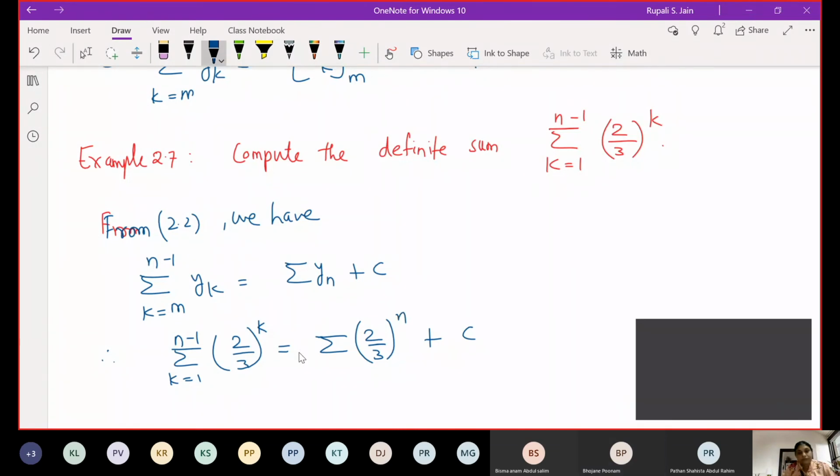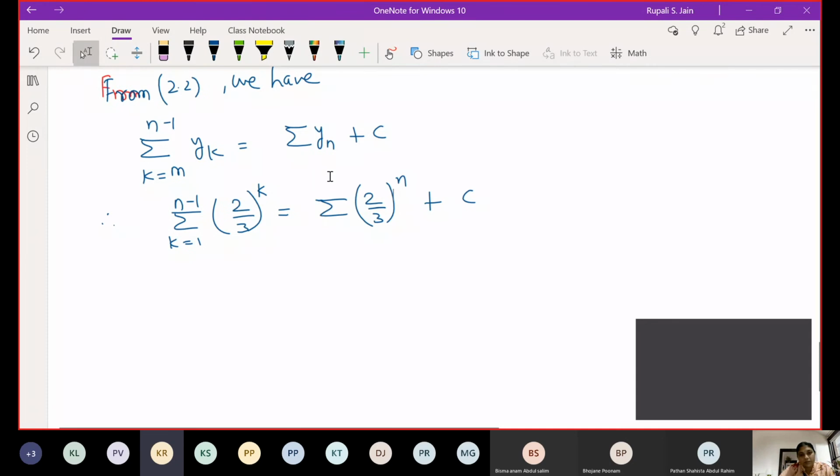Y_k is 2 by 3 raised to k, the kth term. Y_n is 2 by 3 raised to n. Is the kth term 2 by 3 raised to k? So the nth term will be 2 by 3 raised to n. Is that clear? Yes, ma'am.